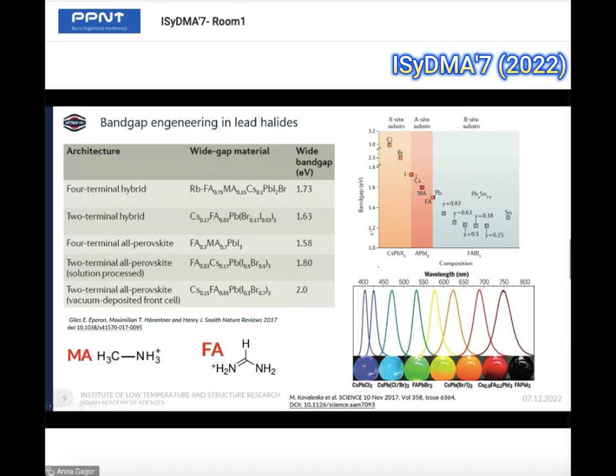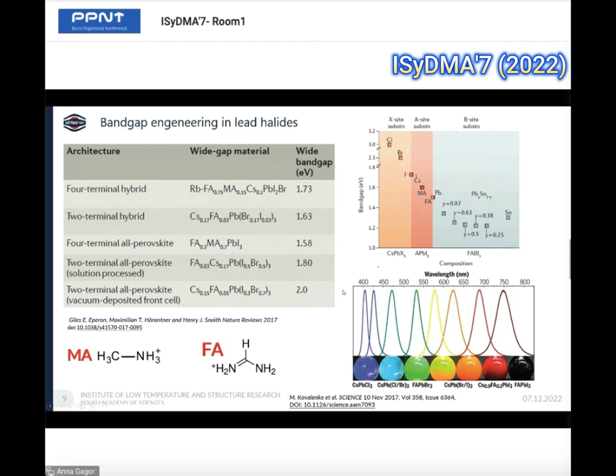Here, for the lowest band gaps, which are more interesting, the lead iodides or mixed lead and tin iodides. However, for the wider band gaps, we can play with chlorine and bromine materials.